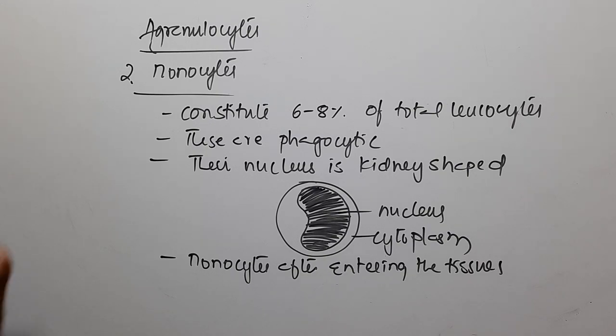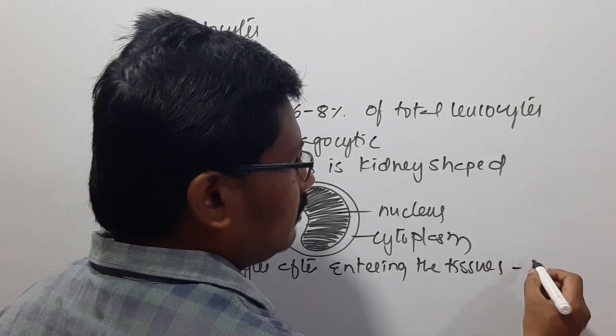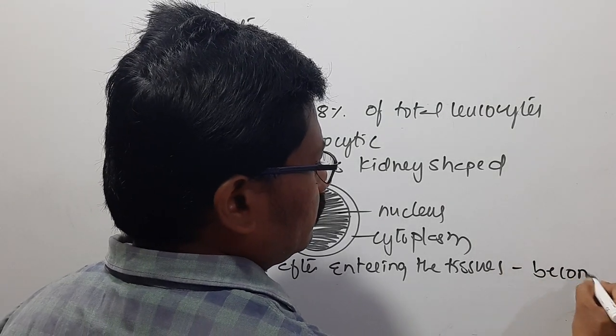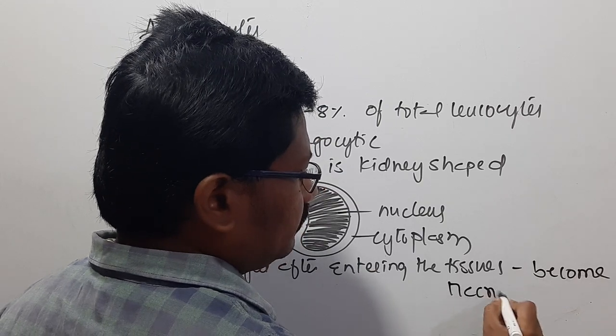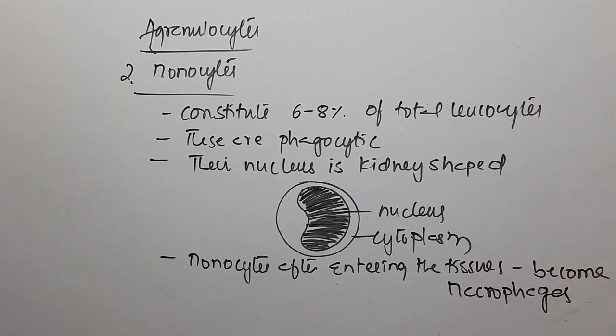After entering the tissues, these monocytes will become macrophages. If they remain permanently in the tissues, we call them fixed macrophages, or if they are moving all over the body, then they become wandering macrophages.